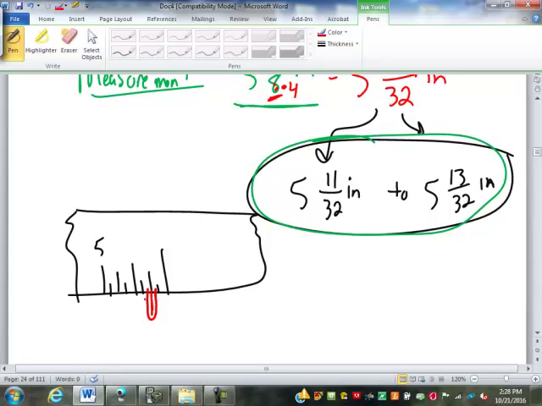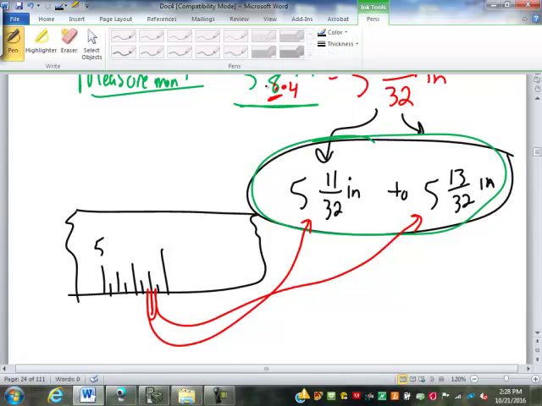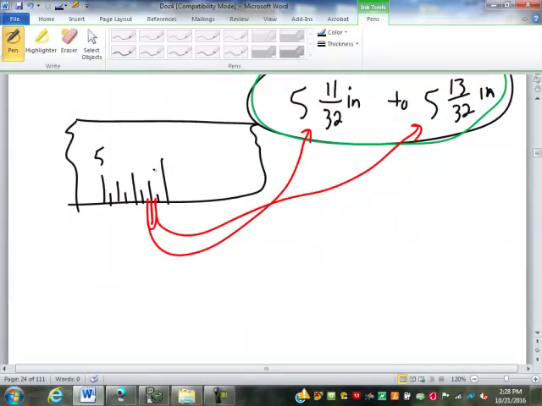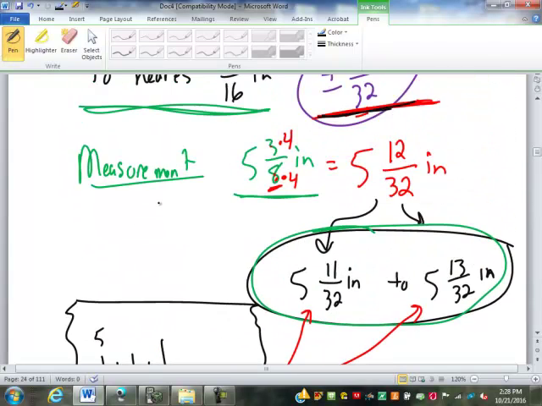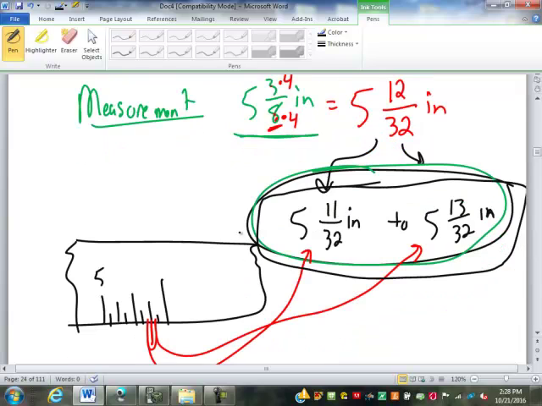So it has that implied range. And that's the limits we're setting here. This bottom limit is the 5 and 11/32. This top limit is the 5 and 13/32. So when we are expressing our measurements in fractions, we have to know something about the ruler in order to define the range of that measurement.